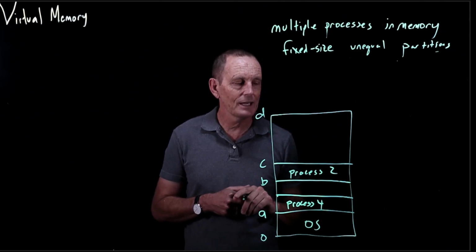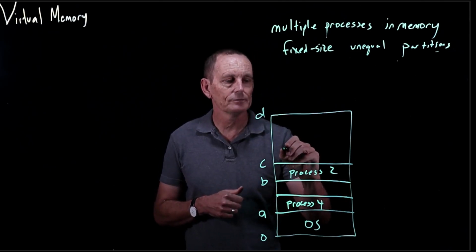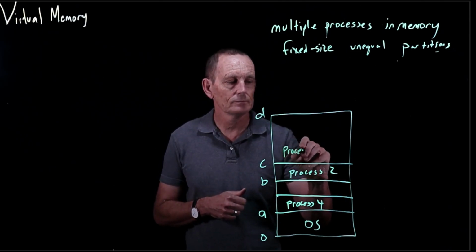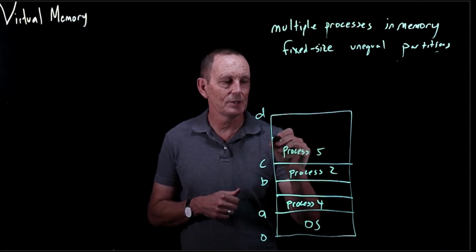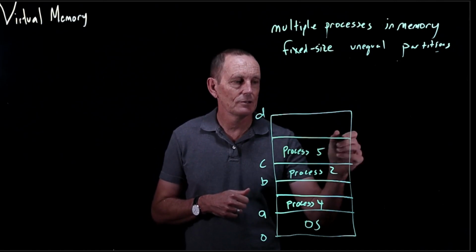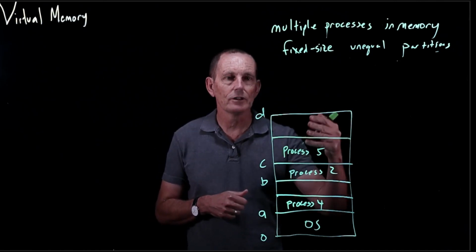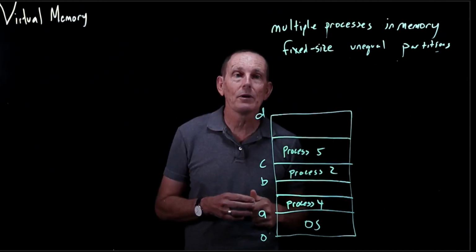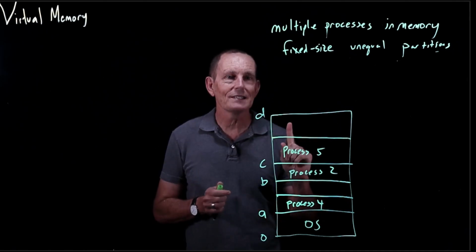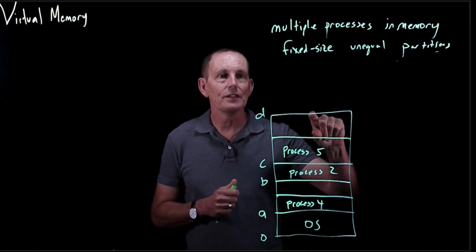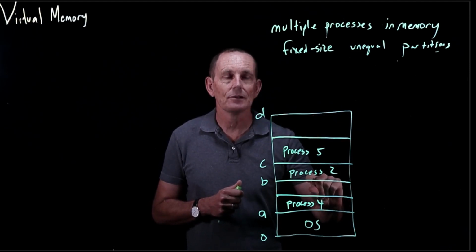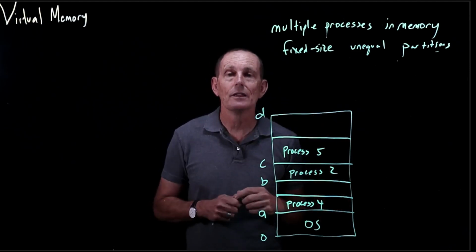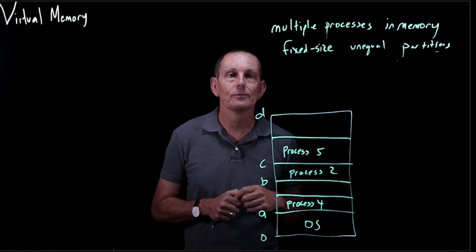And now let's say process 5 starts. And process 5 is this big. Still got 2 pieces of free memory. And now we want to run process 6. Well, process 6 is larger than this chunk of memory. It's larger than this chunk of memory, but is smaller than the combination of the 2. But we can't run.